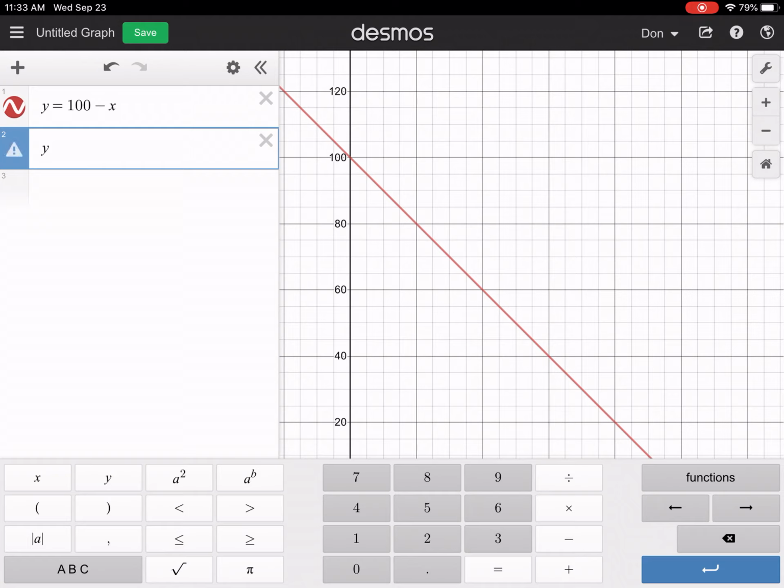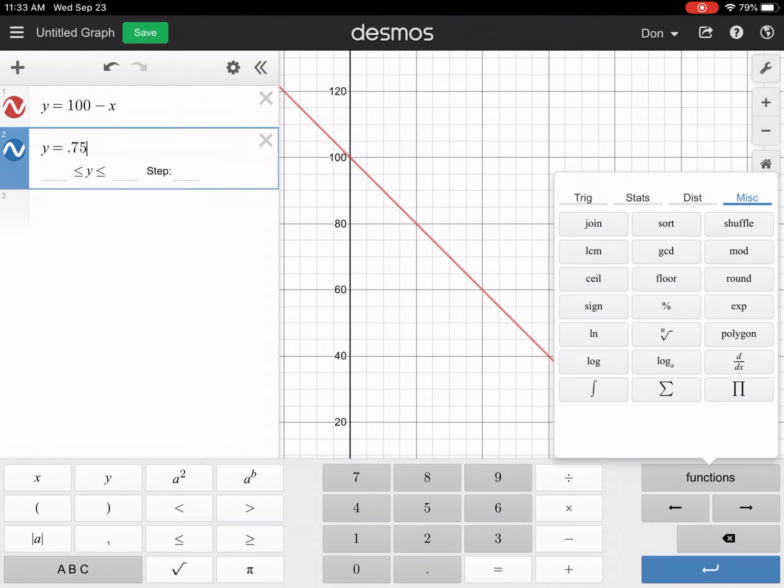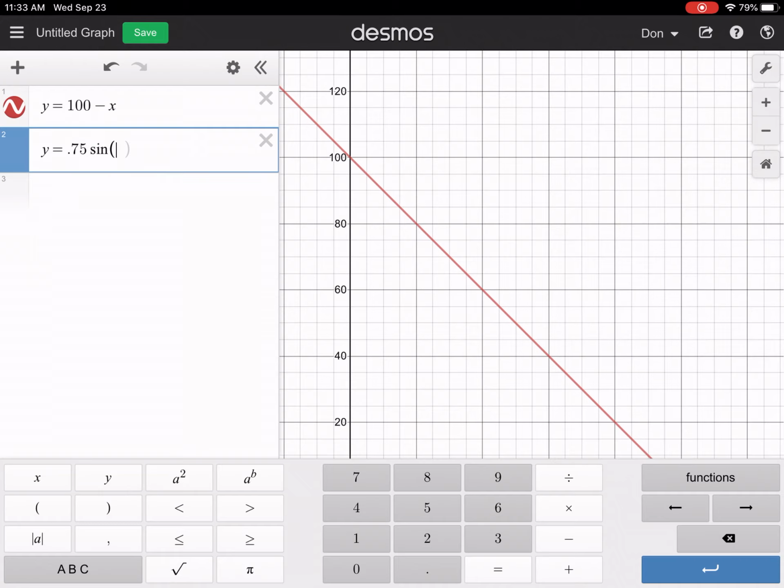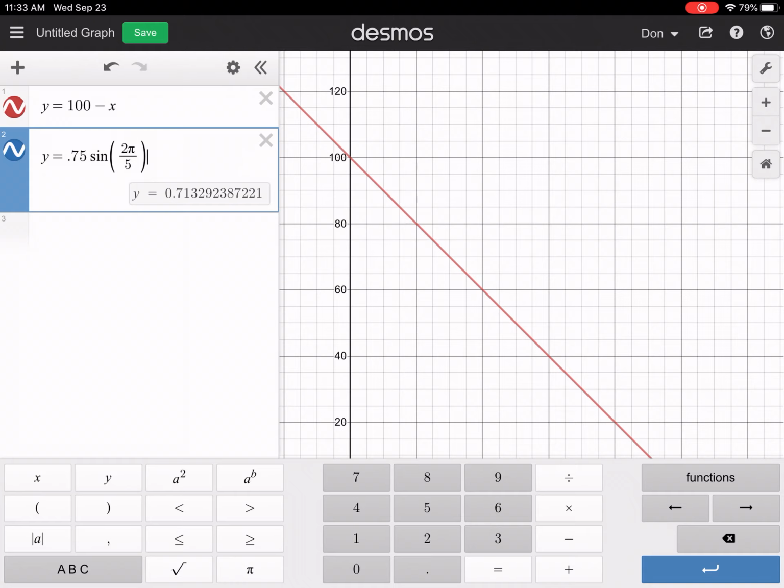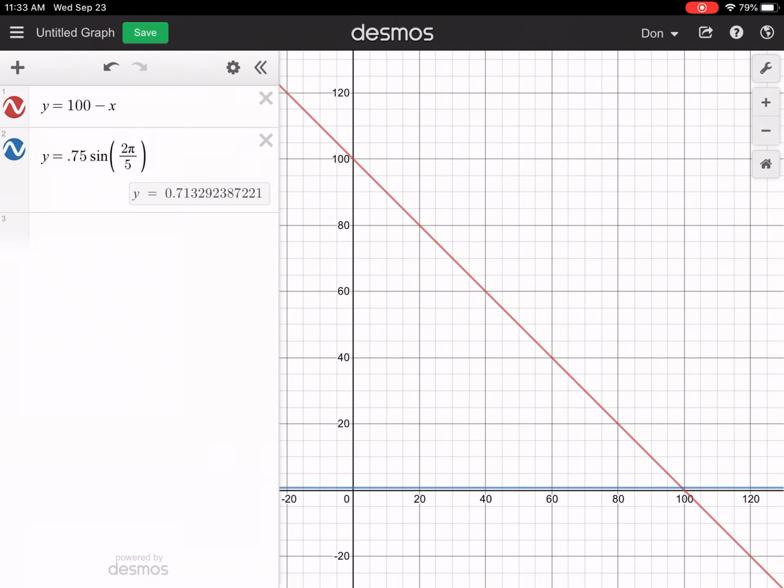Maybe let's see how things go if we combine trig with linear. Y equals 0.75 sine 2 pi over 5.